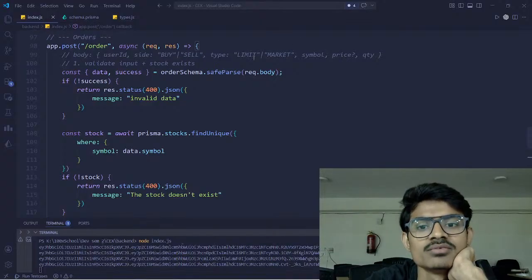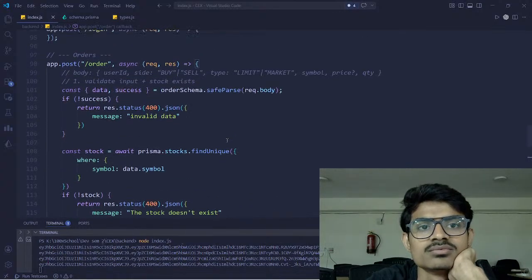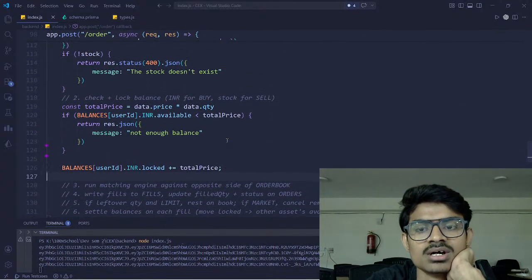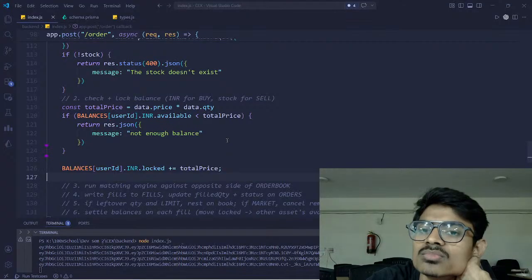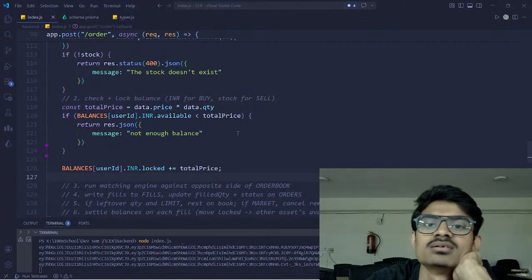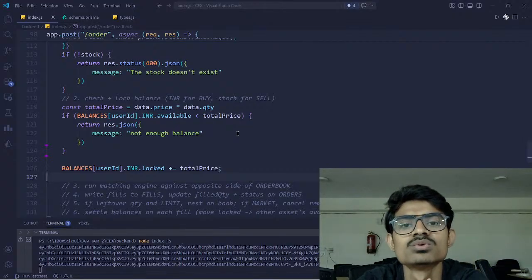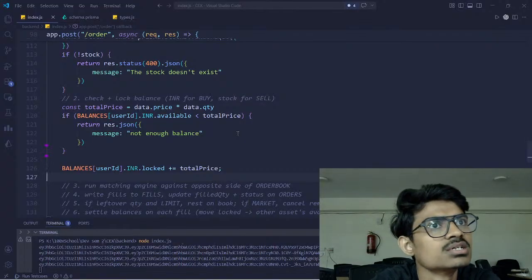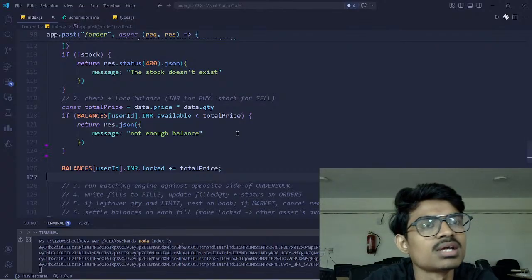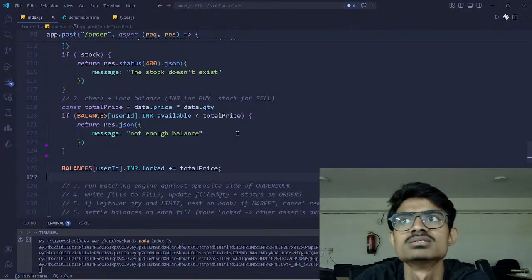In limit order we give the price and we have checked it, and in market order we just don't give the price. So data.price would be undefined, and if data.price is undefined, then we just don't lock anything. We just get them the stock and then subtract it from the available balance.